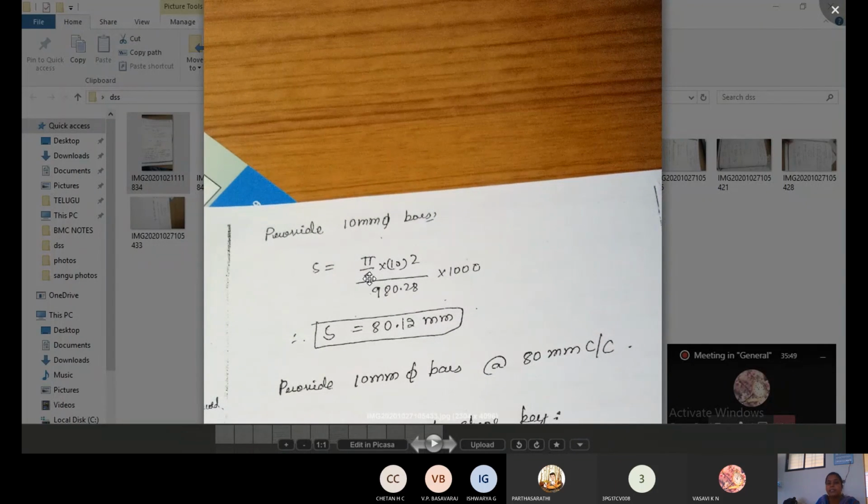Spacing we have to calculate: pi by 4 into 10 square by 980.28 into 1000. After simplification, we will get 80.12 mm. So we are going to provide here 10 mm dia bars at 80 mm center to center. By this we have calculated horizontal ties as well as vertical ties.